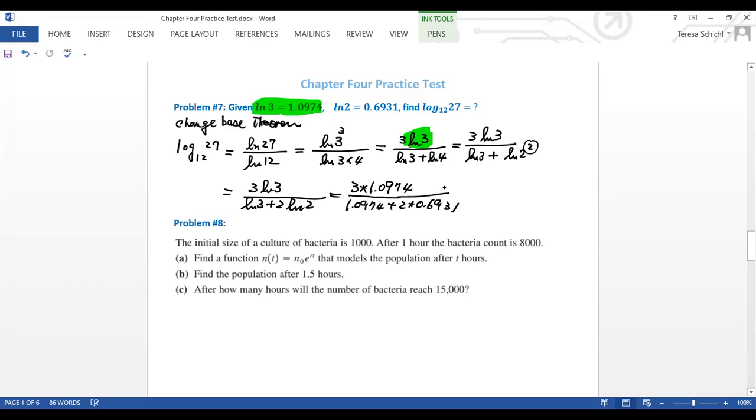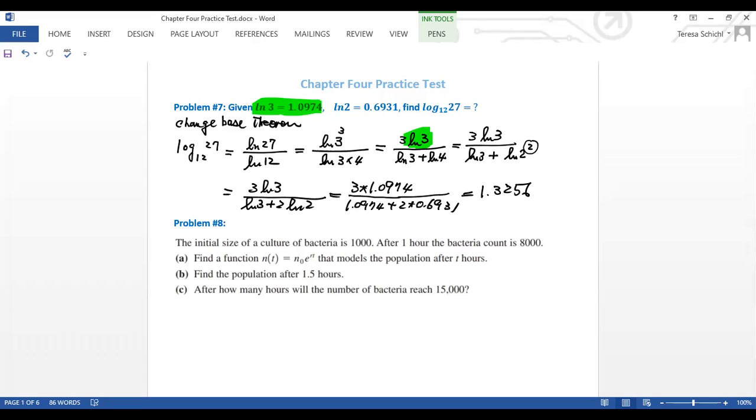It's good. You can use your calculator, or you can just carry that out. This is 1.3256. This is how we use the change of base formula to find the values.